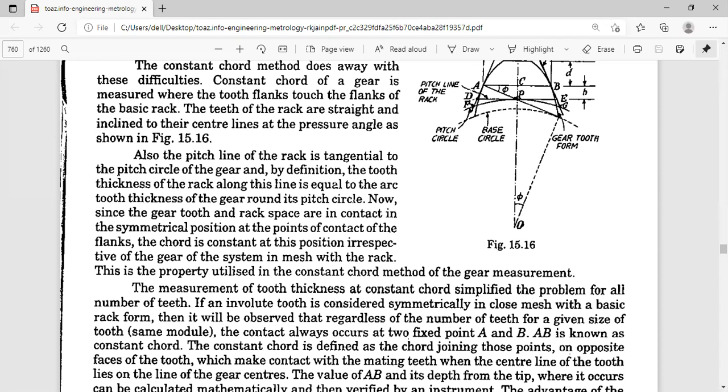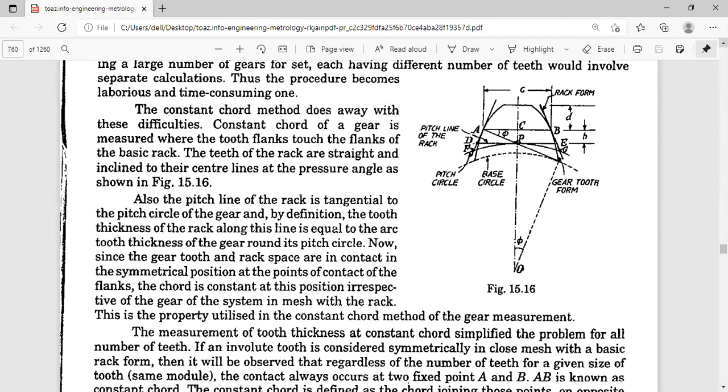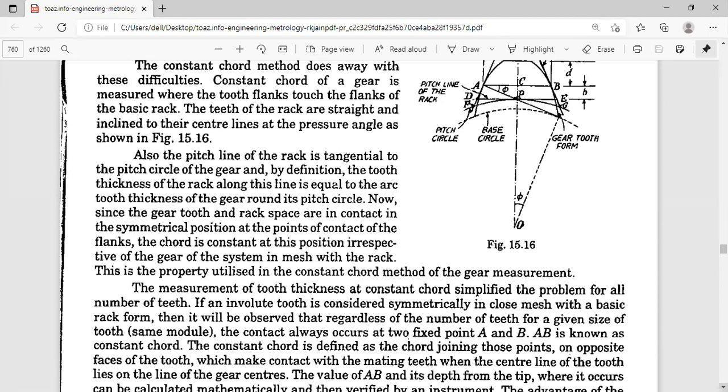At the junction where the flank touches the basic rack of the system. Those are the two fixed points on either side of the gear. So that is how you explain it.